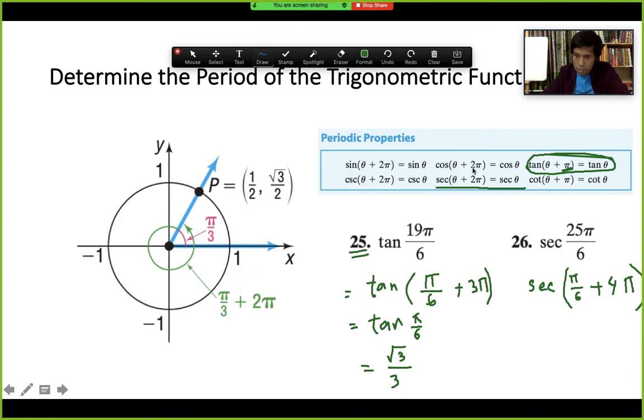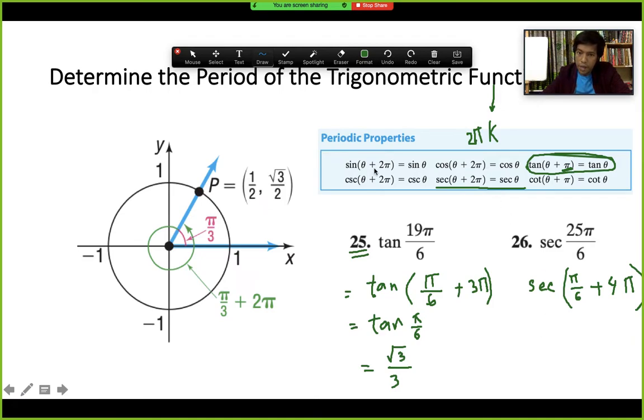Another way to write this is 2 pi k, where the value of k is any value. You might ask why it is 4 pi and not 2 pi, but the k value can be anything. That's why it is called periodic. You can put any value here and the value will not change. The answer will be the same.